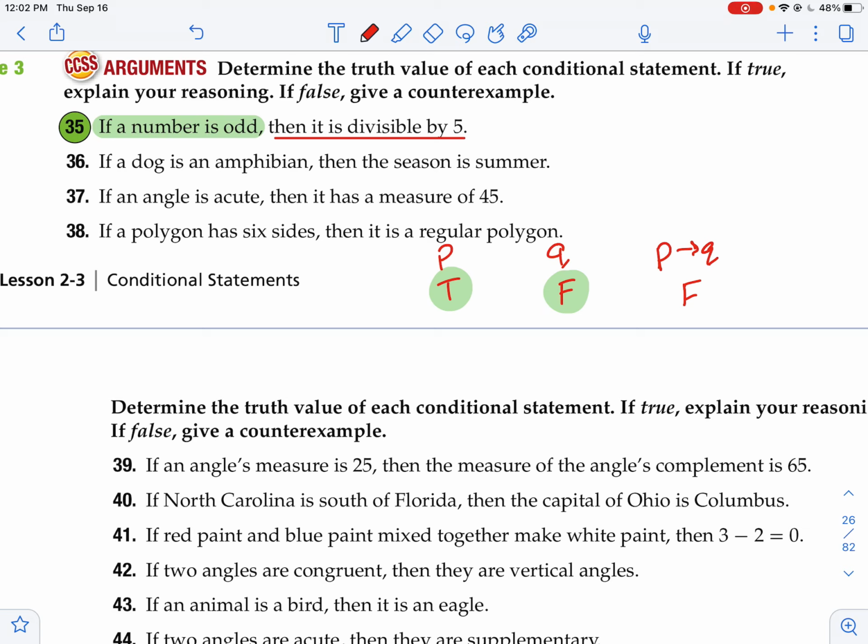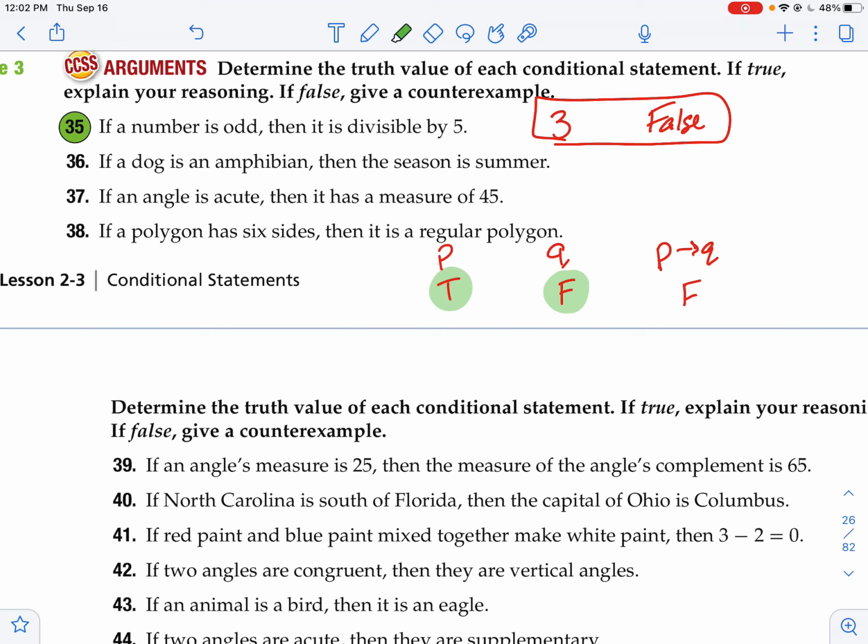Well, 3. For the number 3, my hypothesis is true, the number is odd, but it is not divisible by 5. So I have a true false, which means this is a false statement. And 3 is my counterexample.